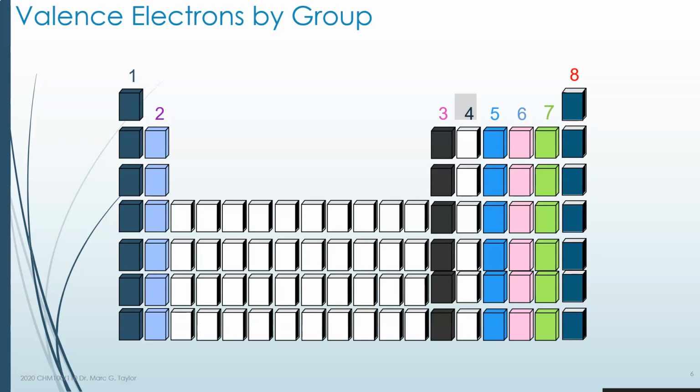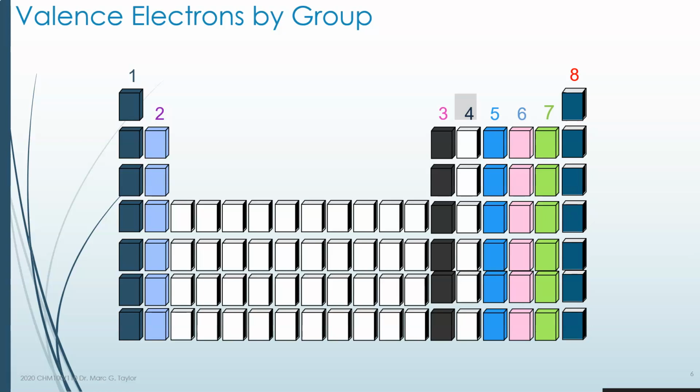Remember, we're going to focus on group A, we're going to ignore the transition for just a moment, and only count from left to right, because remember, these were named 1A, 2A, 3A, 4A, 5A, 6A, 7A, 8A, and now we call them 1, 2, 13, 14, 15, 16, 17, 18. You can use either name. Both are used quite frequently. On tests, I'll give you both names if I give you a name at all.